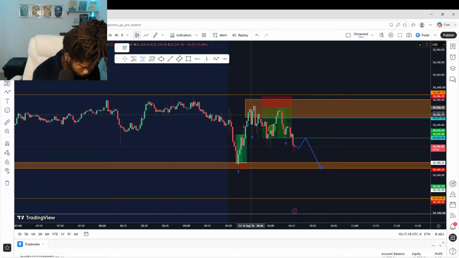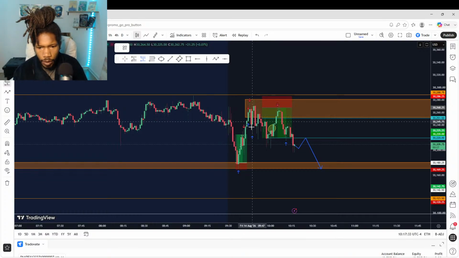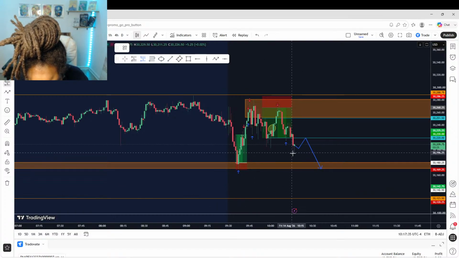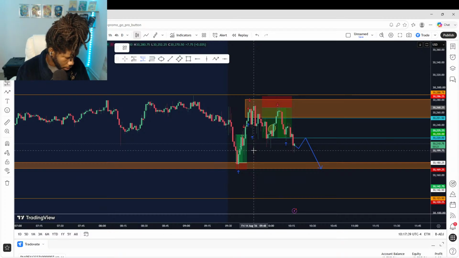Man. Look at that push. Alright, we got equal low. We got a little tweezer bottom action going. So this actually might be a nice little stop hunt to continue to the upside.